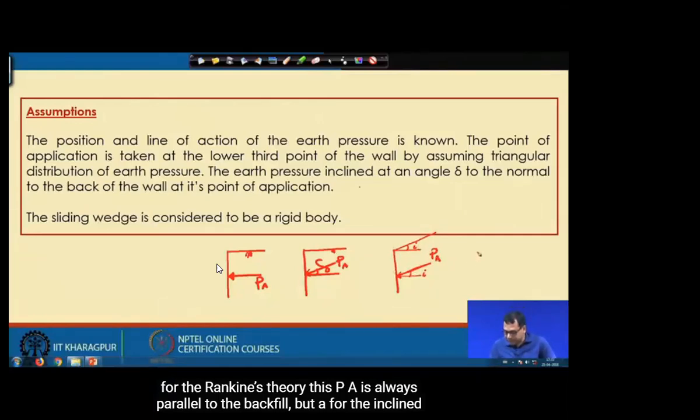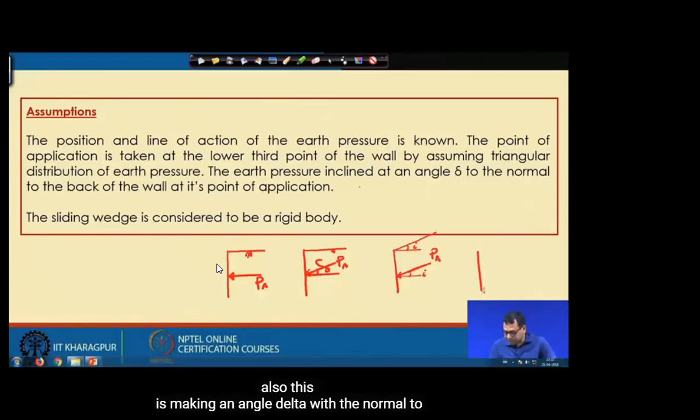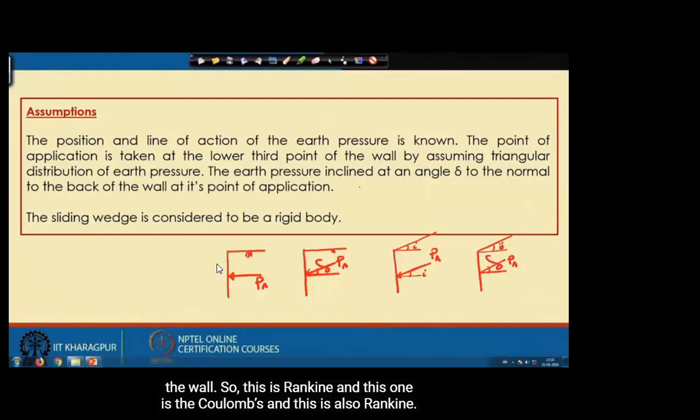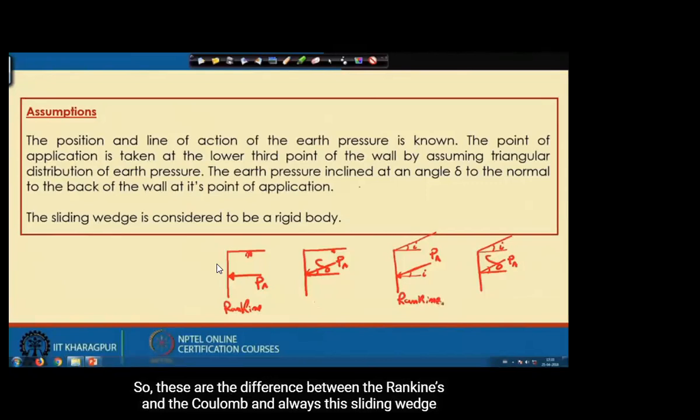But for Coulomb's, even for the inclined backfill, this is making an angle delta with the normal to the wall. So this is Rankine and this one is Coulomb's and this is also Rankine. So these are the differences between Rankine's and Coulomb's.